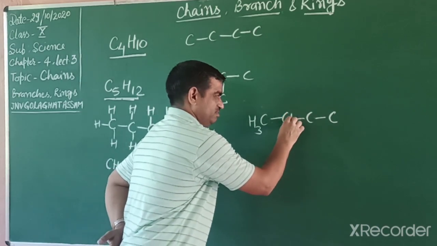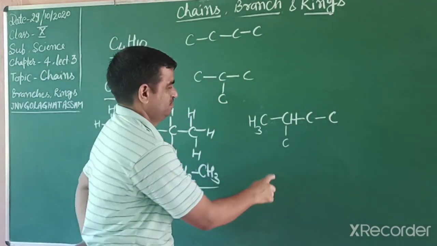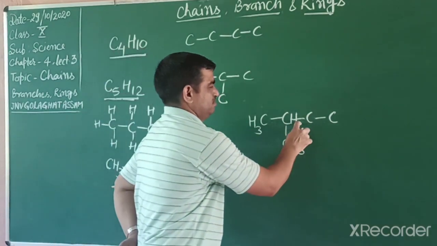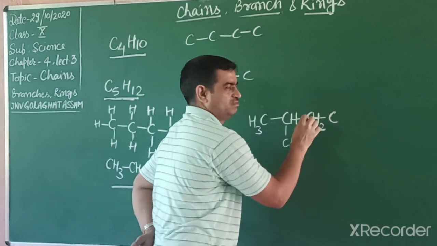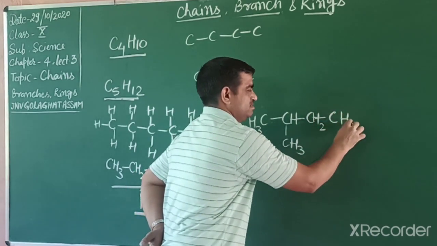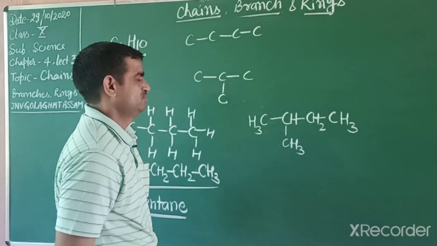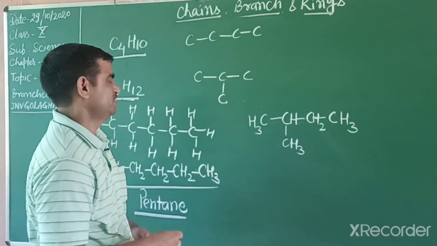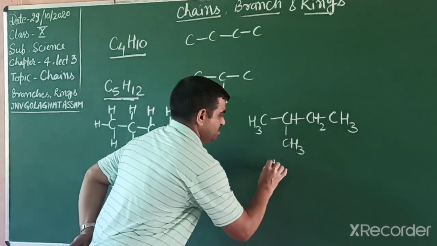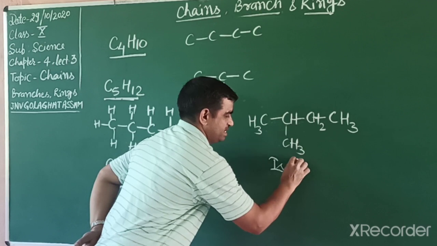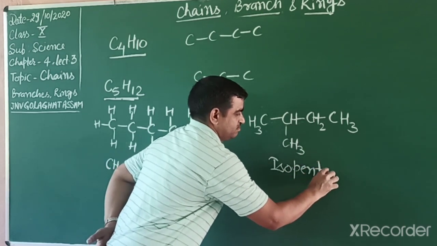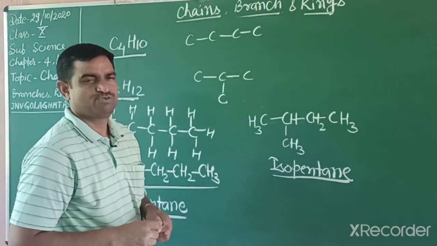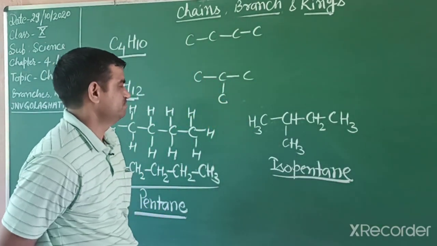Only 1 hydrogen, then you write CH. This 3 hydrogen, CH3, 2 hydrogen, CH2, and this we can write CH3. So now we write its common name, that is isopentane. It is not an IUPAC name, it is a common name, isopentane.